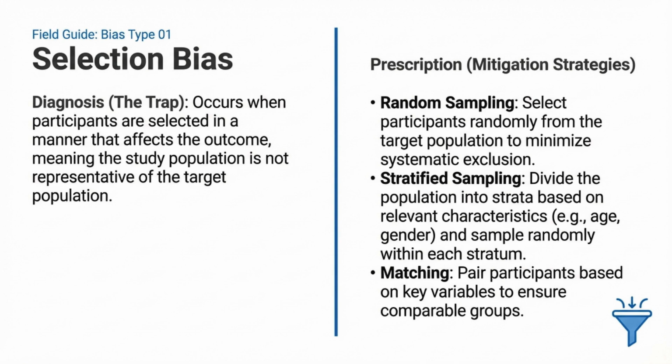This is where you divide your population into strata, like age groups or gender, and sample randomly within those groups to ensure everyone is represented. Finally, matching. If you are comparing groups, pair participants based on key variables to ensure you're comparing apples to apples. These strategies ensure your study population actually looks like the real world.